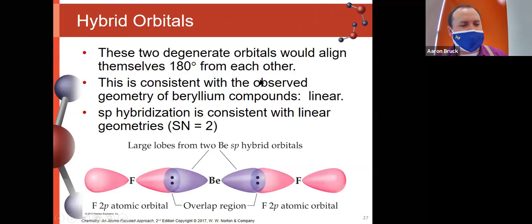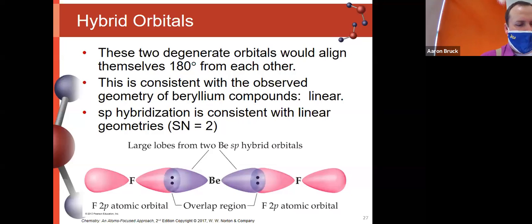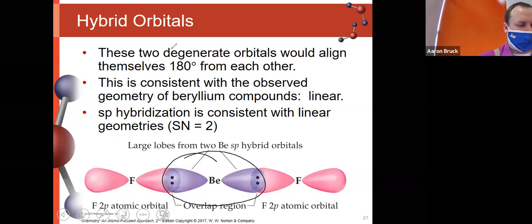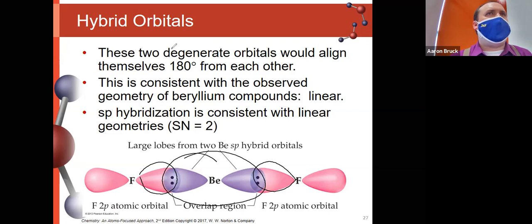So in action here, we can see that because of the hybridization of the beryllium, beryllium is capable of going out and forming covalent bonds with other atoms, in this case fluorine, through the direct overlap of these hybrid orbitals with the atomic orbitals of each fluorine atom.